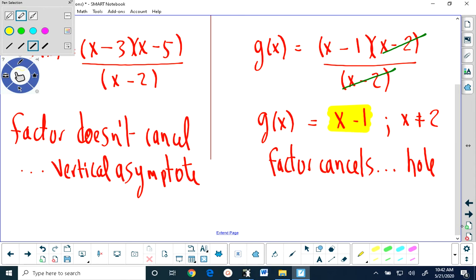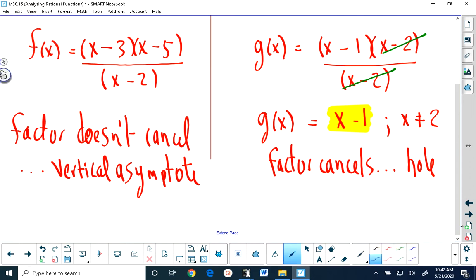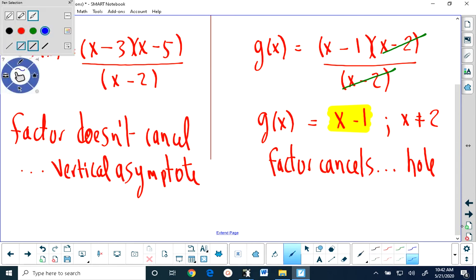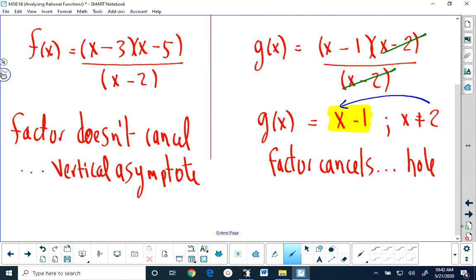So the y-coordinate of the hole is found by taking the x-coordinate of the hole and putting it in for x in the expression that you're left with after you cancel, which means the y-coordinate of the hole in this example would be 2 minus 1. So our hole would have coordinates of 2, 1, because when I put 2 in for x here and I subtract 1, I get 2 minus 1, which is 1.